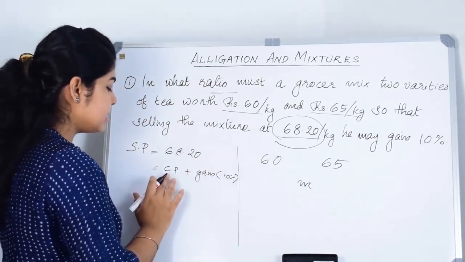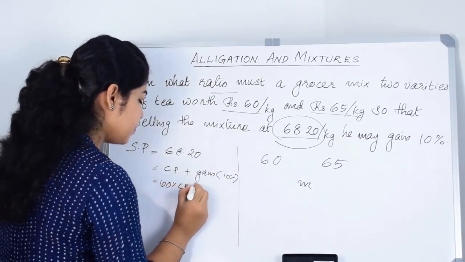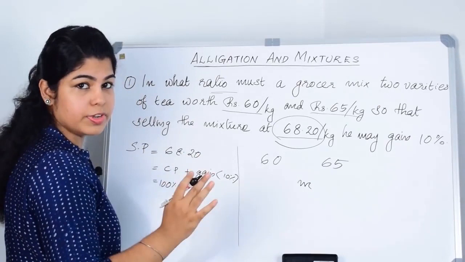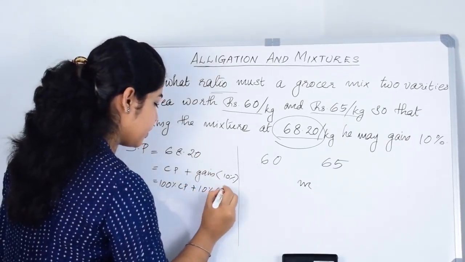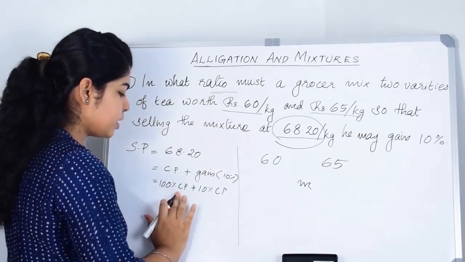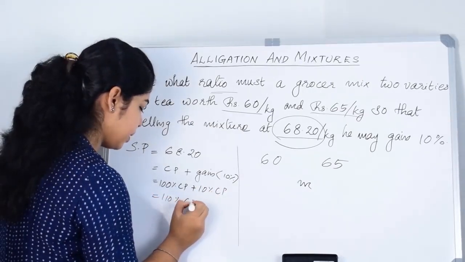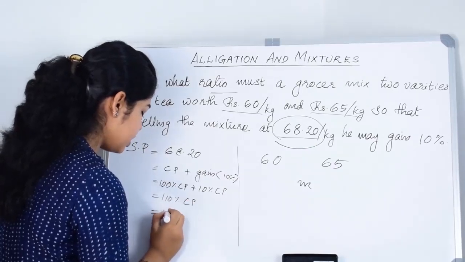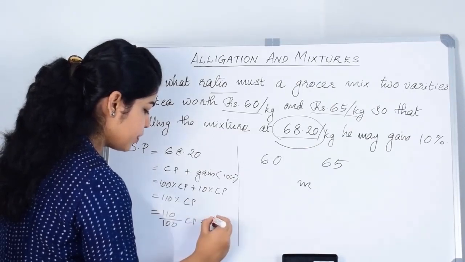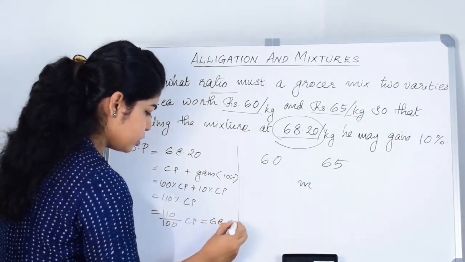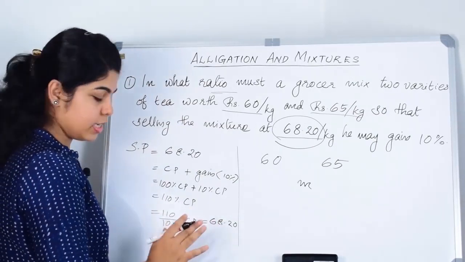So we can write CP as 100% of CP plus gain, which is 10% of CP. So by adding 100% of CP and 10% of CP, we will get 110% of CP. That is 110% of CP is equal to 68.20.